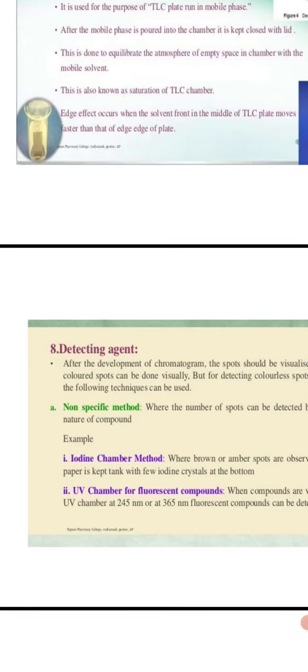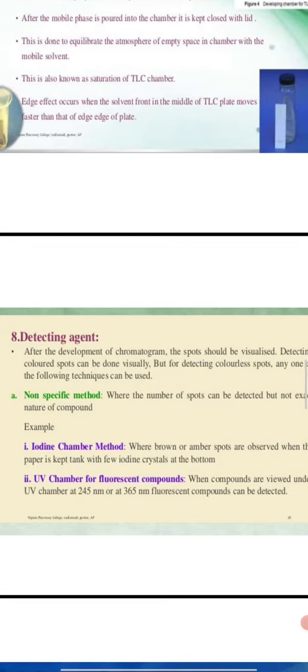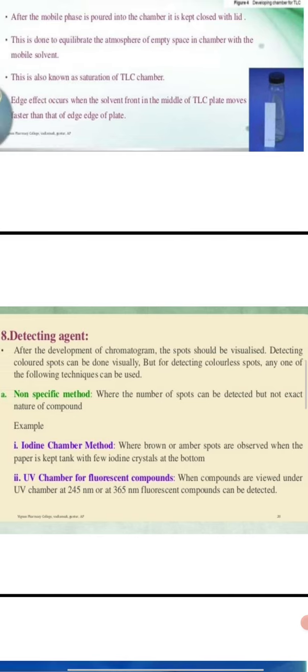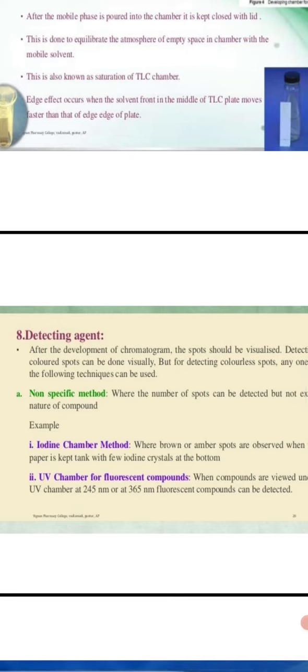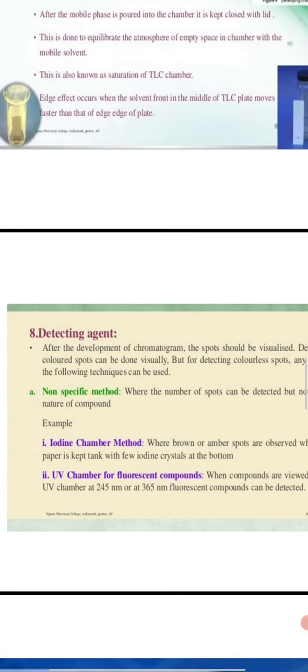Next point is the detecting agent. After the development of the chromatogram, the spots should be visualized. Detecting colored spots can be done visually, but for detecting colorless spots, any one of the following techniques can be used. First one is the non-specific method, where the number of spots can be detected but not the exact nature of the compound.